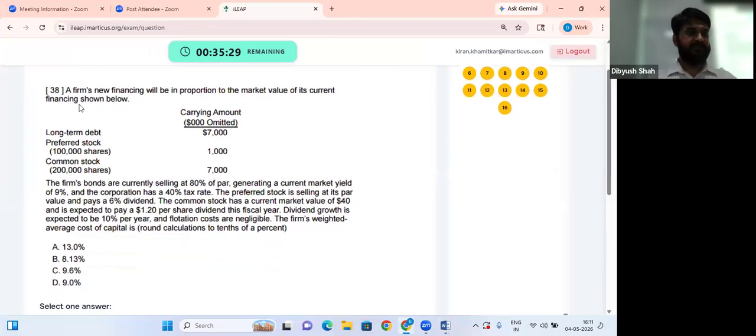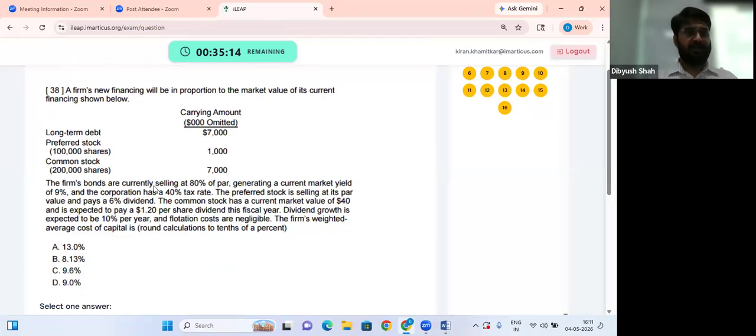This will be your homework. See, a firm's new financing will be in proportion to the market value of its current financing. So long-term debt 7,000. Forget about thousands. See, 000 is omitted. Preferred stock 1,000.